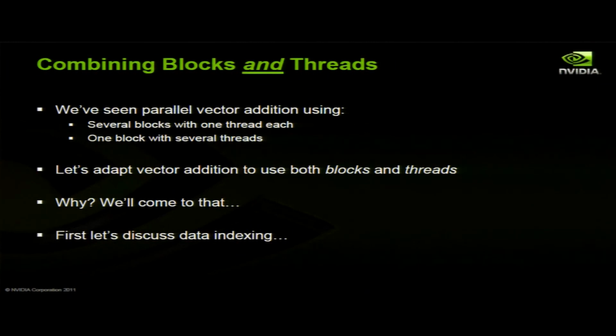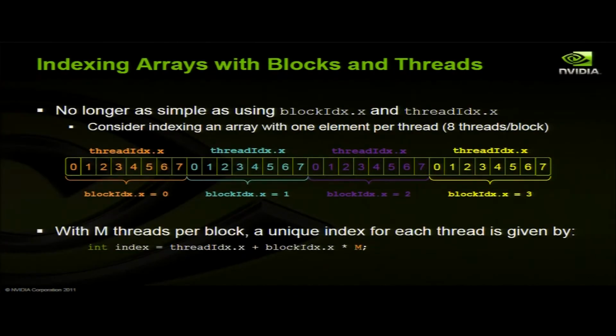So this is an example. Let's launch now multiple blocks, each having multiple threads. But how does the indexing work? Right? So this is an example where you have a total of how many elements to work on? 32 elements. And in this example, I have decided that my number of blocks is how many? 4 blocks, each having how many threads? Sorry? 8 threads.